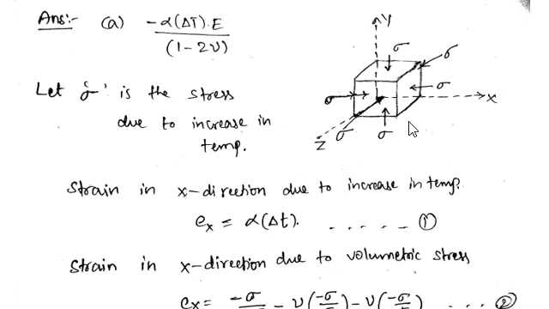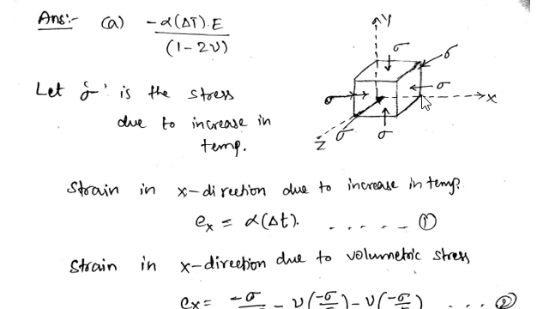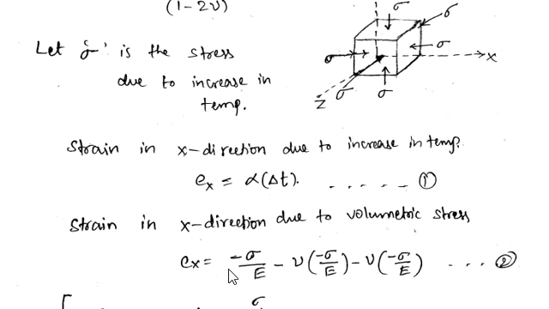If you observe this, this is a case of a body subjected to volumetric stress or volumetric strain. In that case there is the same magnitude of stress acting in all three directions. So the strain in x direction due to this volumetric stress sigma, because it is compressive, we write minus sigma by E, which is the strain in x direction because of stress in x direction.